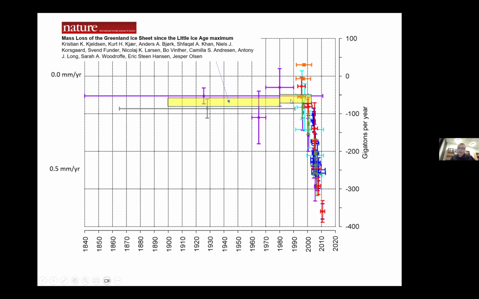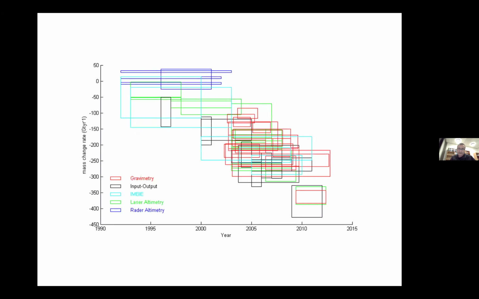The yellow bars here denote results from Kjeldsen published in Nature, and then we have all the other estimates from altimetry and gravimetry and so on. And if we take a zoom, well, this figure is outdated, but in 2012 we had huge ice loss, and the rate has declined a bit since 2010, 11, 12 here.